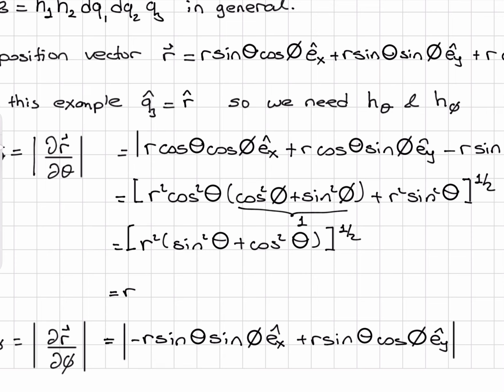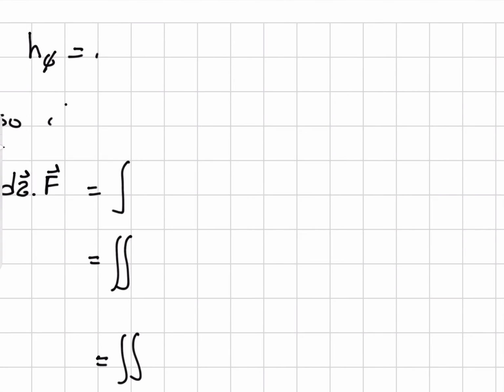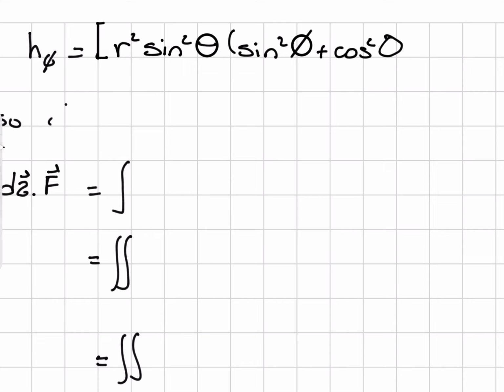This gives us r square sine square theta times sine square phi plus cosine square phi, and we take the square root.